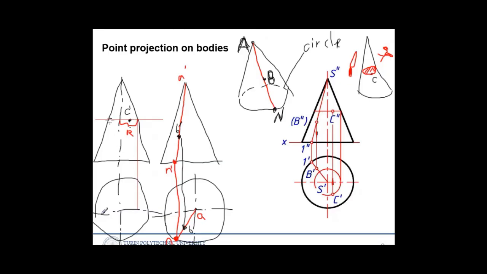So this is an edge, and this is a circle. So this C point lies on that circle as represents this edge, real edge.